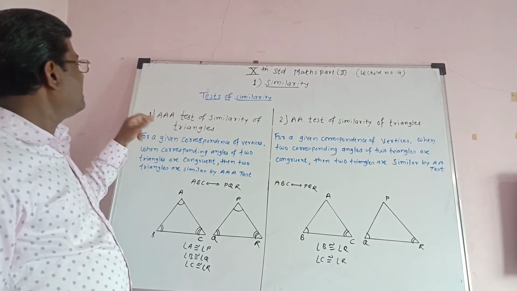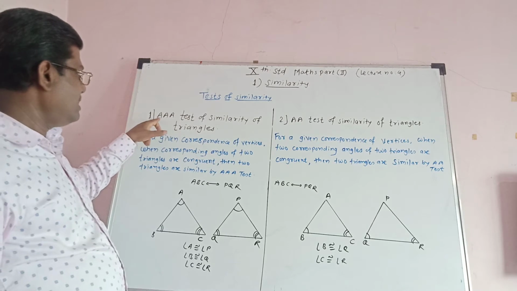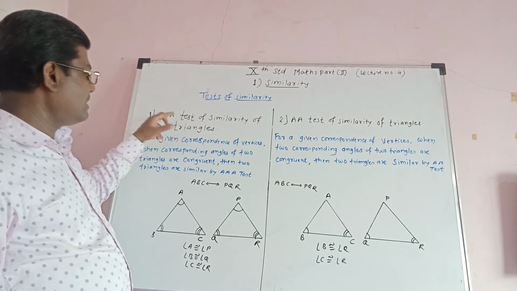Number 1 test of similarity of triangles is the AAA test, angle, angle, angle.